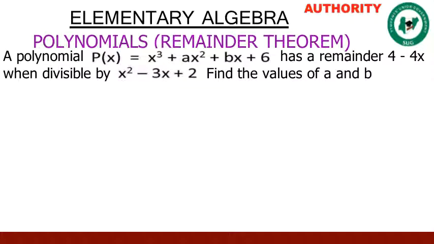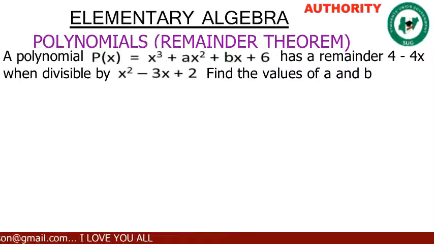Find the values of a and b. Okay, it's a polynomial p of x, which is equal to x cubed plus ax squared plus bx plus 6. It has remainder 4 minus 4x when divided by x squared minus 3x plus 2. Now we are asked to find the values of a and b.